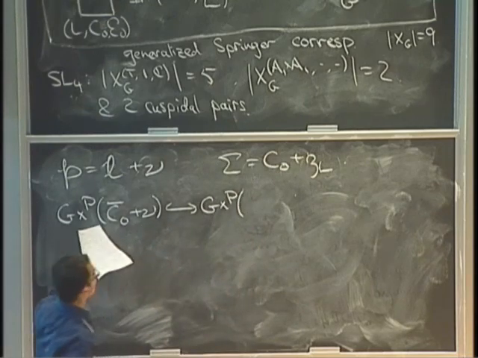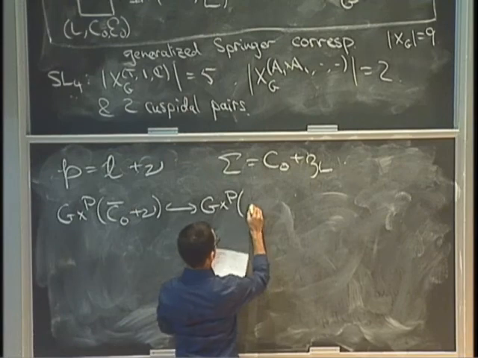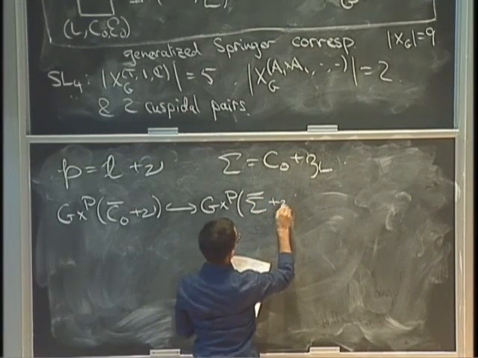So in place of C naught bar times capital V, it's C naught bar plus lowercase v. And the same kinds of things here.